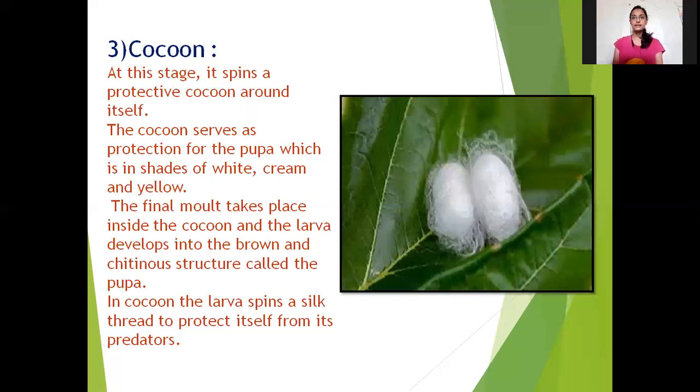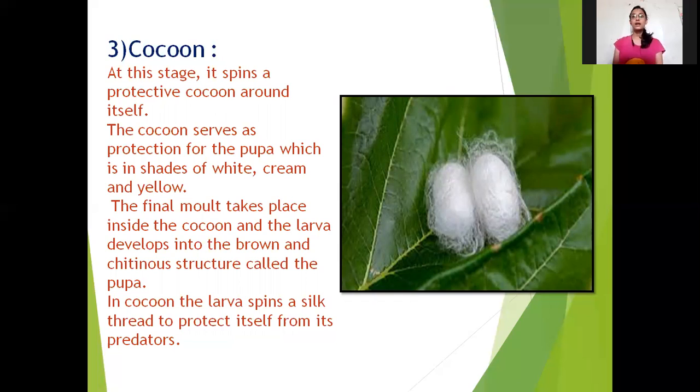The cocoon serves as protection for the pupa, which is in shades of white, cream, and yellow.